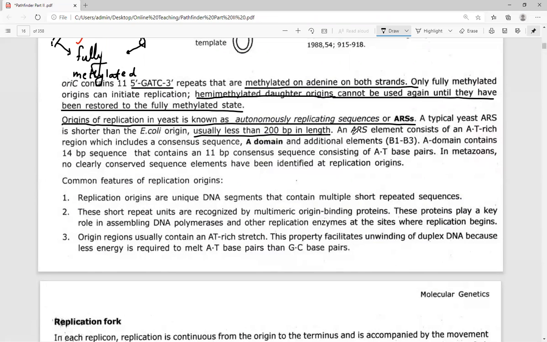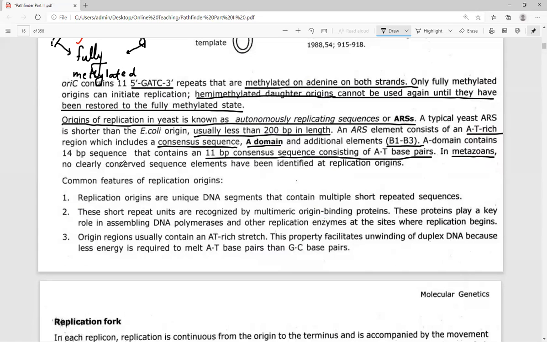The autonomously replicating sequences consist of AT rich regions that include a consensus sequence called the A domain. The other domains are the B1 to B3 domains. The A domain contains an 11 base pair consensus sequence consisting of AT base pairs. In the case of metazoans, no clearly conserved sequences have been identified.